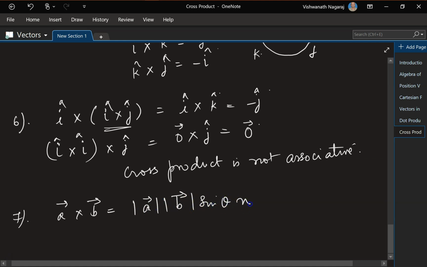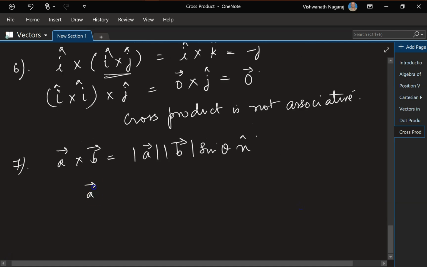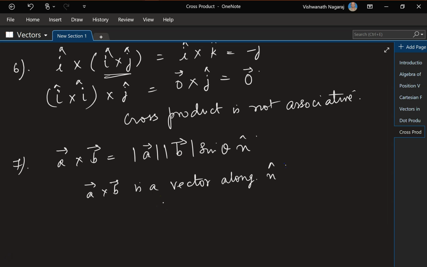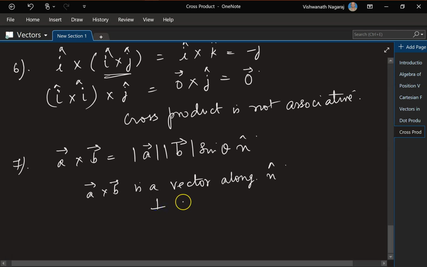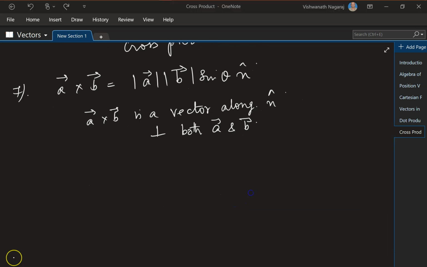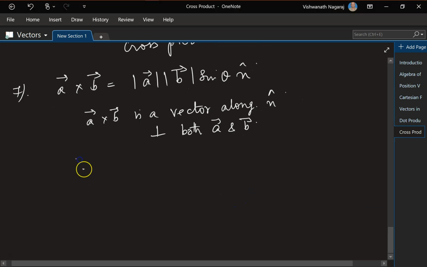Okay, next. Now, if you look at A cross B is equal to magnitude of A, magnitude of B, sine theta n cap. Now, which means A cross B is a vector along vector n, or unit vector in the direction of the unit vector n. This is perpendicular to both A and B. So, which means A cross B divided by the magnitude of A cross B would be what?